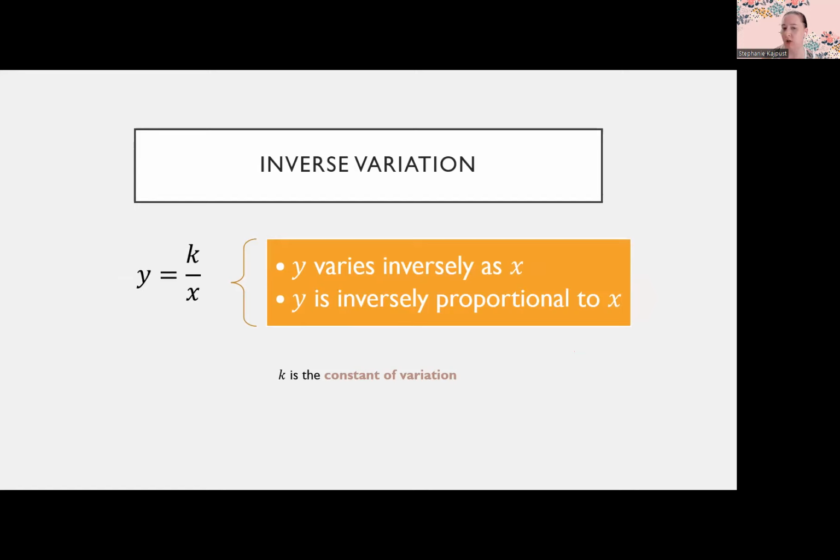Inverse variation is basically the opposite. We're dividing instead of multiplying. So you again have y varies inversely, or y is, and those are translating as y equals. And then that word inversely is going to indicate you're dividing by what follows.